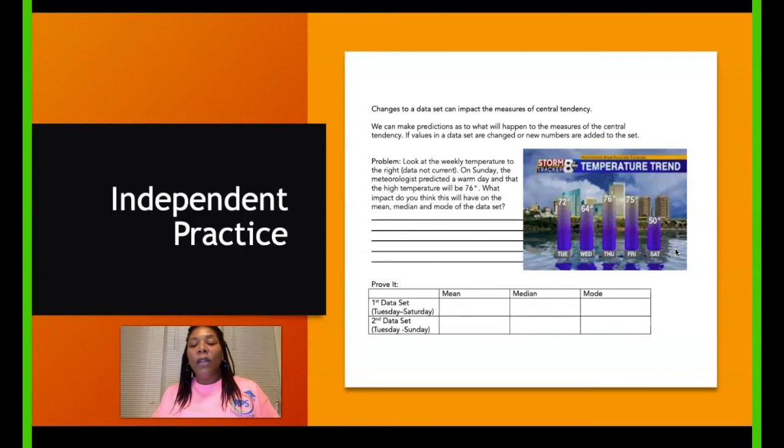Then you're going to look at your data set when we add in this additional day from our meteorologist's prediction, so that's Tuesday through Sunday. And you're going to do the same thing. But don't forget to answer the question, what impact do you think this will have on your mean, median, and mode?